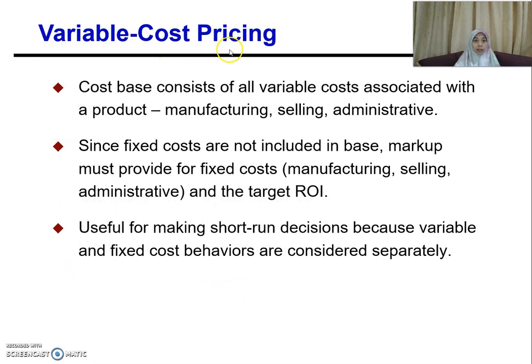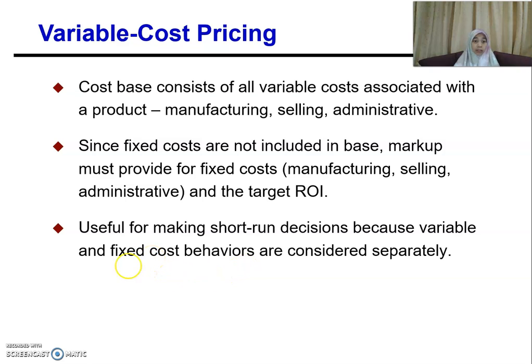If you are using variable cost pricing, as the name implies, you just look at your variable cost. Your cost base consists of all variable costs associated with a product, including manufacturing as well as non-manufacturing: manufacturing, selling, admin, and all the distribution, so long as they are variable. Since fixed costs are not included in the base, the markup must provide for fixed costs and the target ROI. This is useful for short-run decision making, because in the short run we assume your fixed cost is constant.